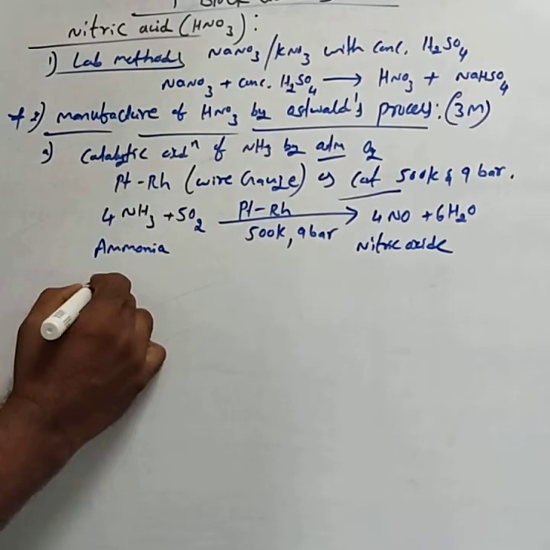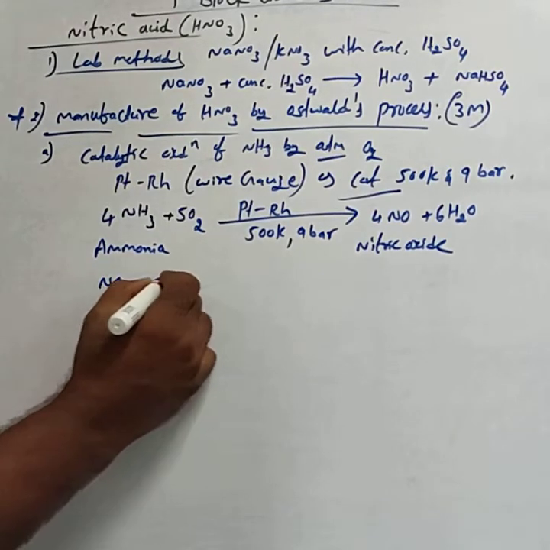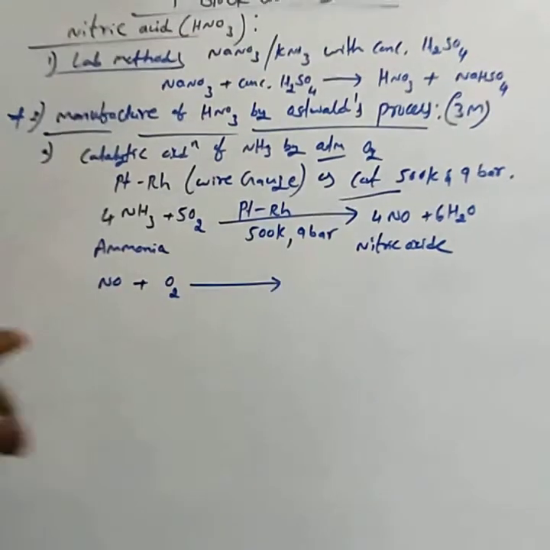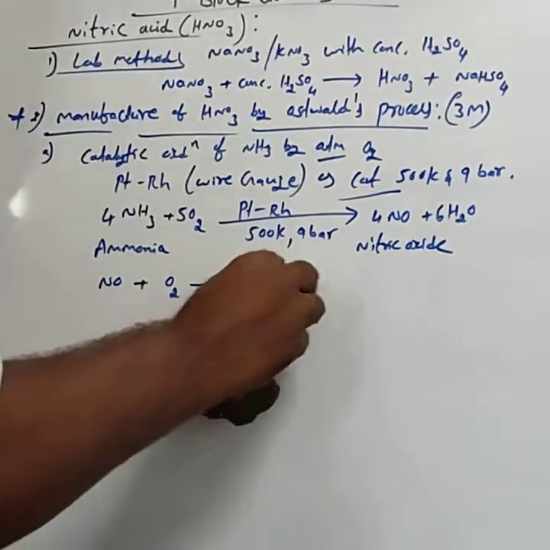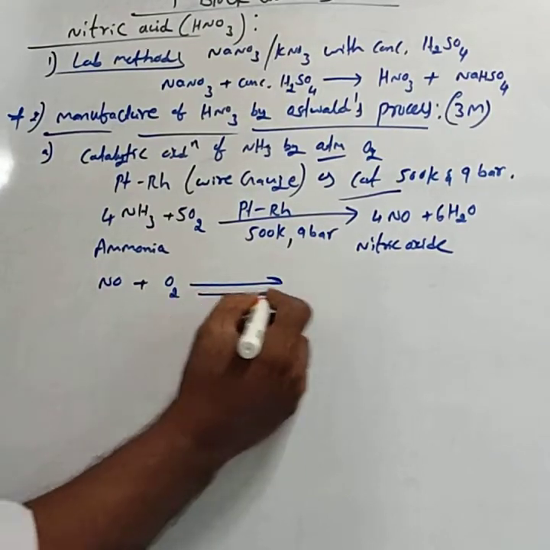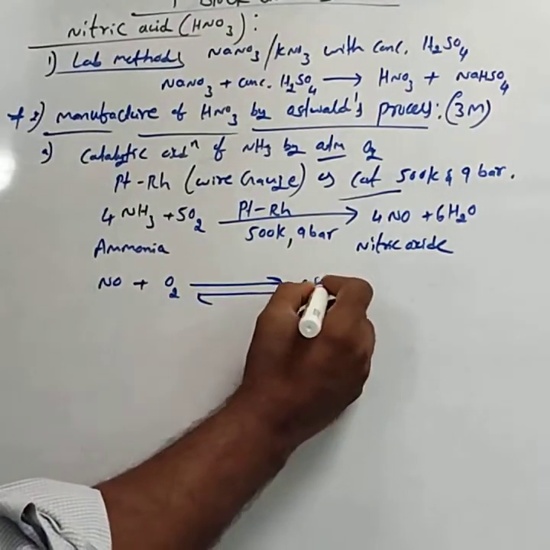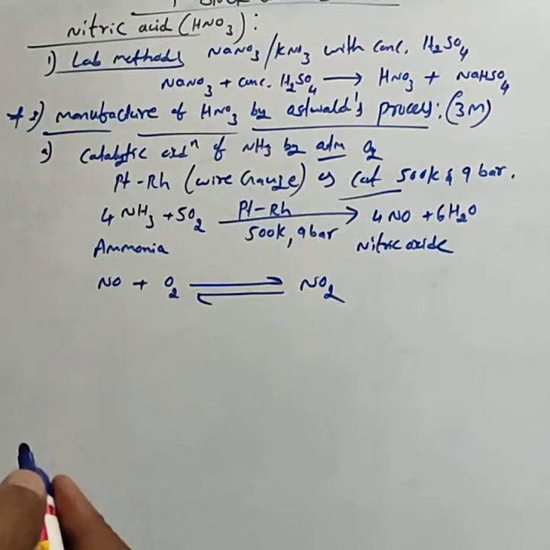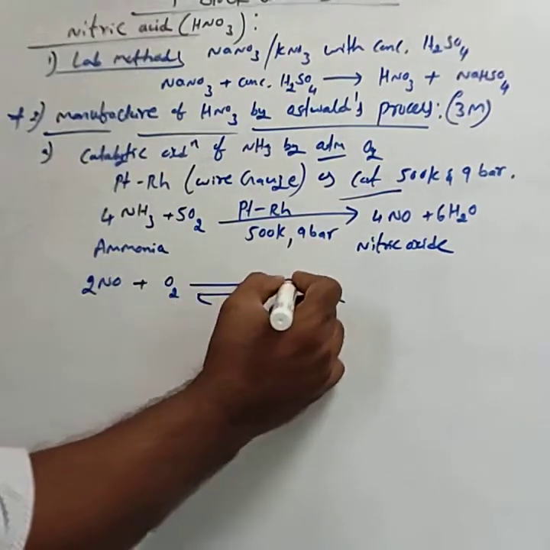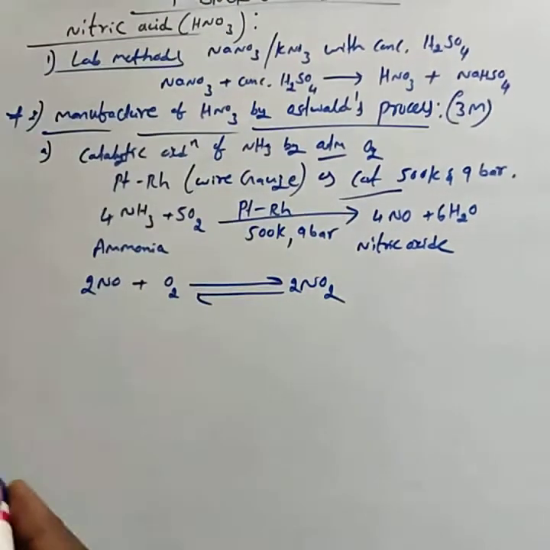The nitric oxide formed is further oxidized to nitrogen dioxide. This is the second step: 2NO plus O2 gives 2NO2.